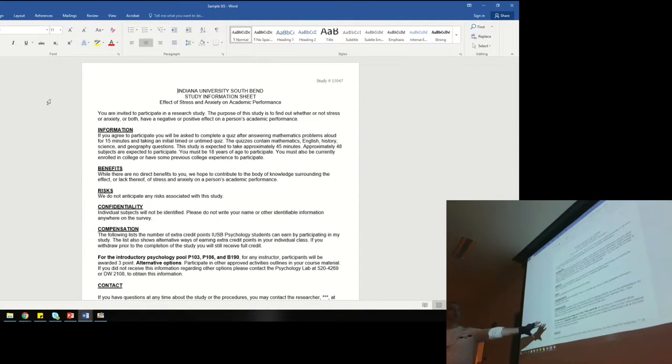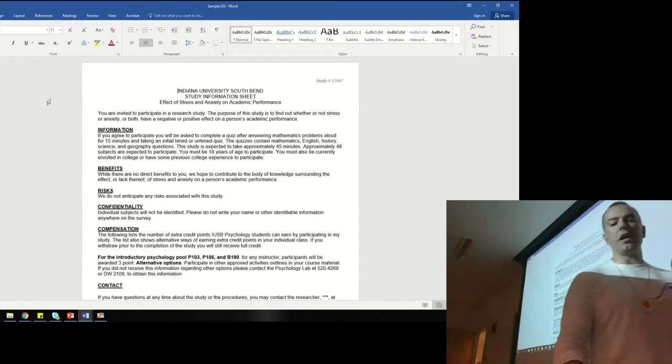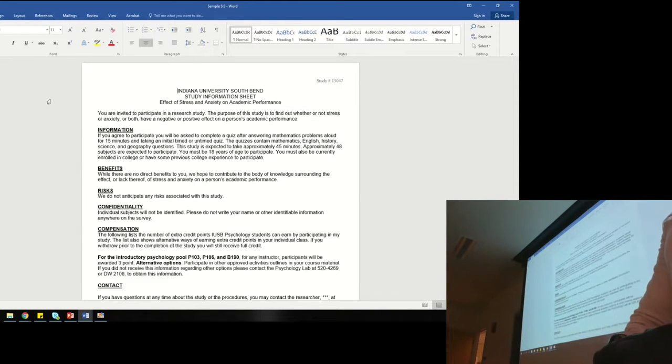This is a template of the study information sheet. I would recommend before our next class, just take a look at this one page and the information that it's asking for. For example, notice that you need the duration, the age of the participants.